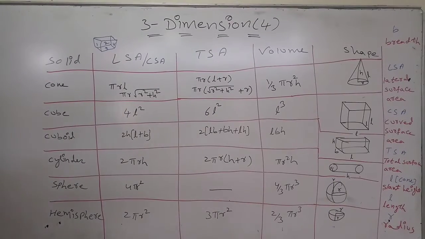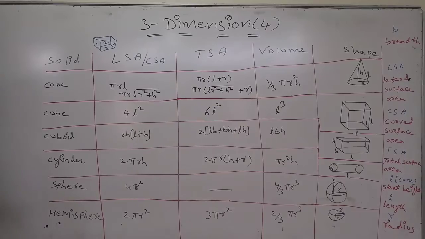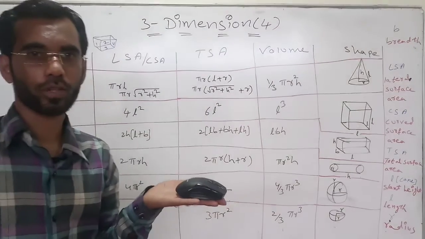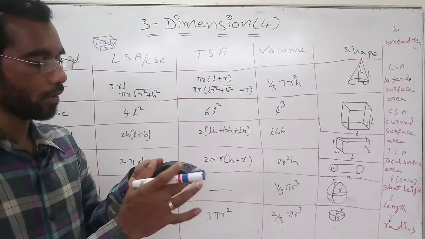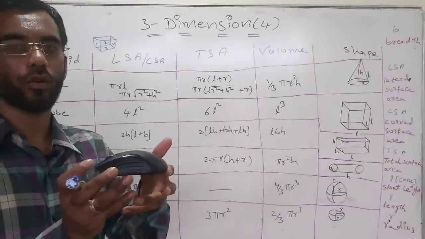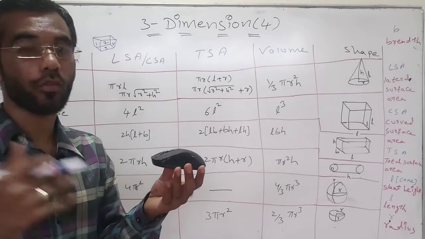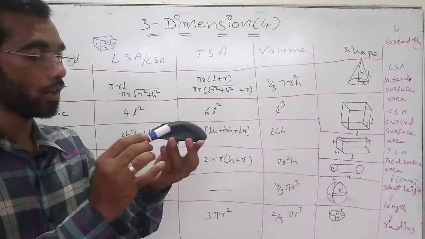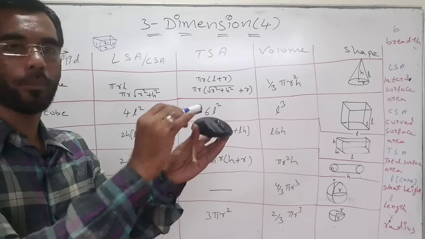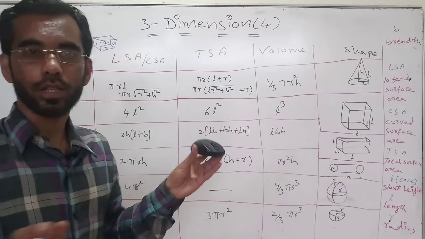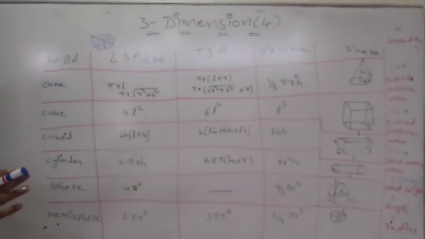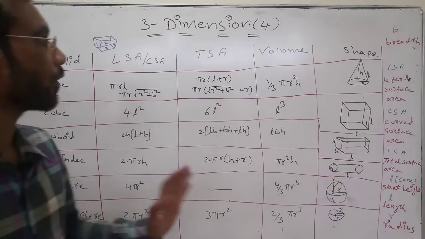In this other figure, if you take only 1, 2, 3, 4, it is lateral surface area. For total surface area, 1, 2, 3, 4, up and down. This is the main difference between total surface area and lateral surface area.